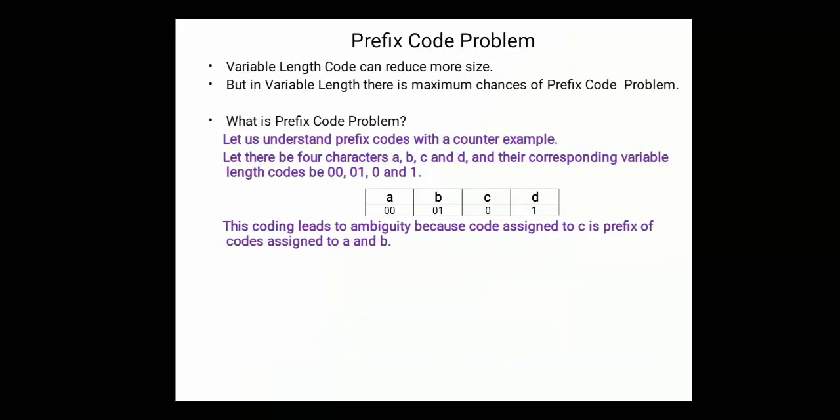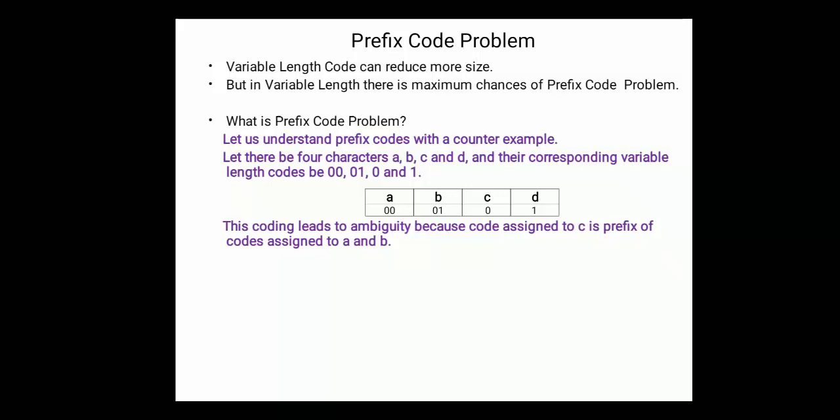Now the next one is the prefix code problem. See, this is very important. As we discussed, characters must be represented with variable length codes, but we cannot randomly assign bits to every character based on the frequency. Otherwise we may face the prefix code problem. Take one example.